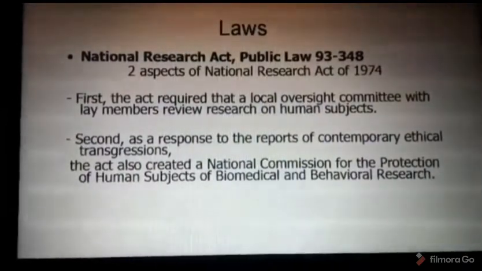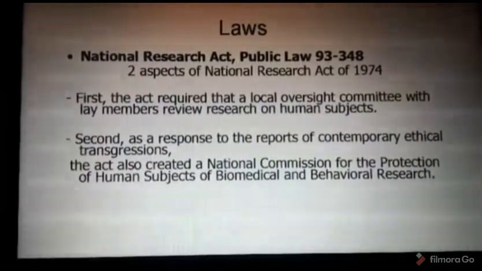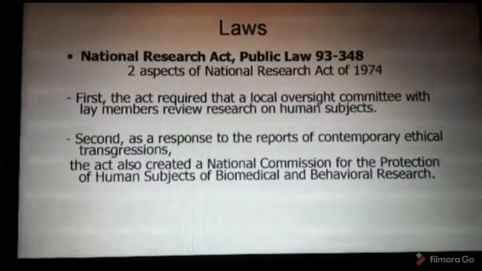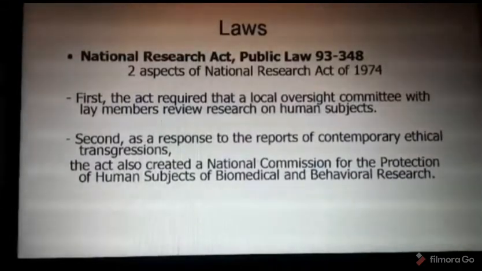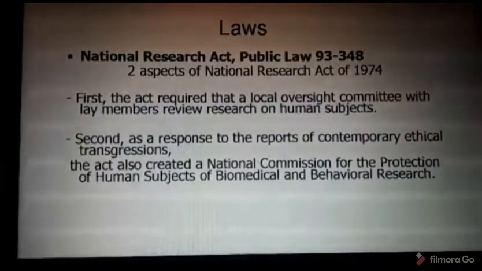Let's proceed now to the laws. National Research Act, Public Law 93-348. It has two aspects of the National Research Act of 1974. There are processes and categories followed in conducting this law. The first is that the act required a local oversight committee with lay members to review research on human subjects.